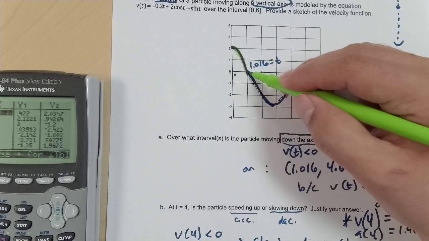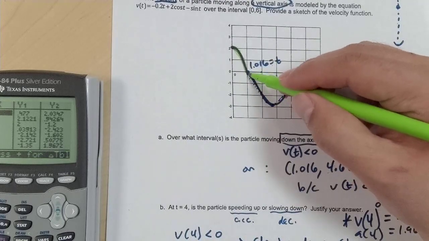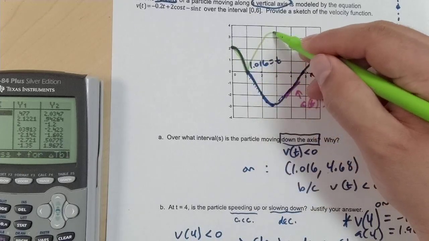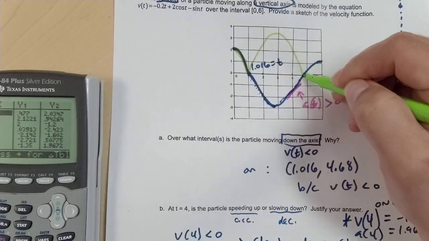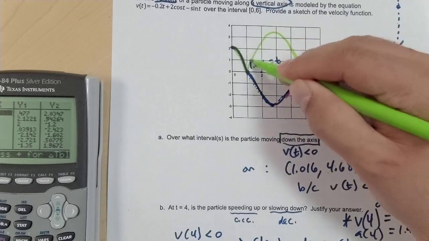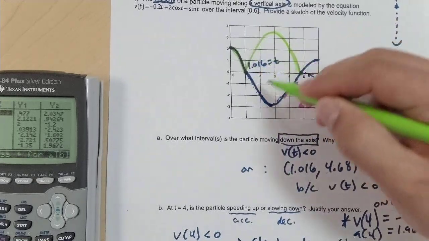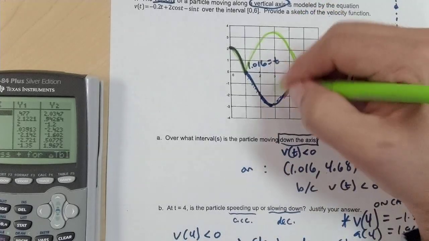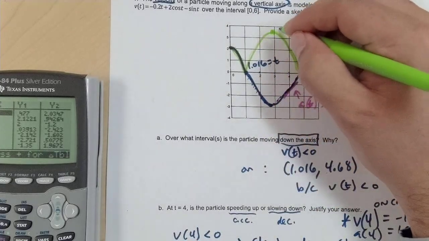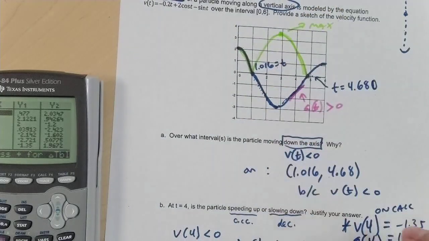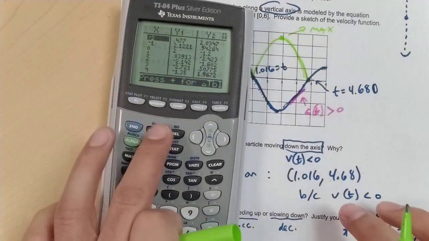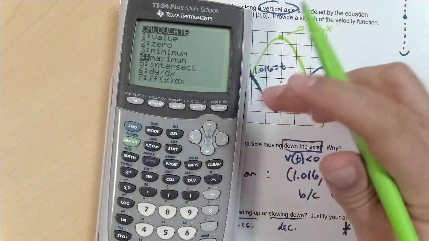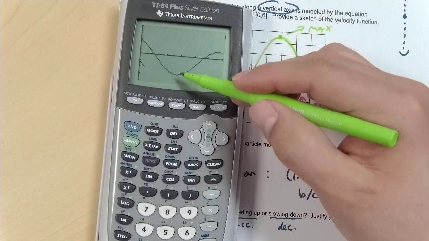But right here, when the velocity becomes negative, we can flip this part over, so it mirrors. This green part mirrors what's going on down here. And it's pretty clear that up here, this would be the max. On the calculator, I'm actually going to find the minimum because it's going to correspond to this point.